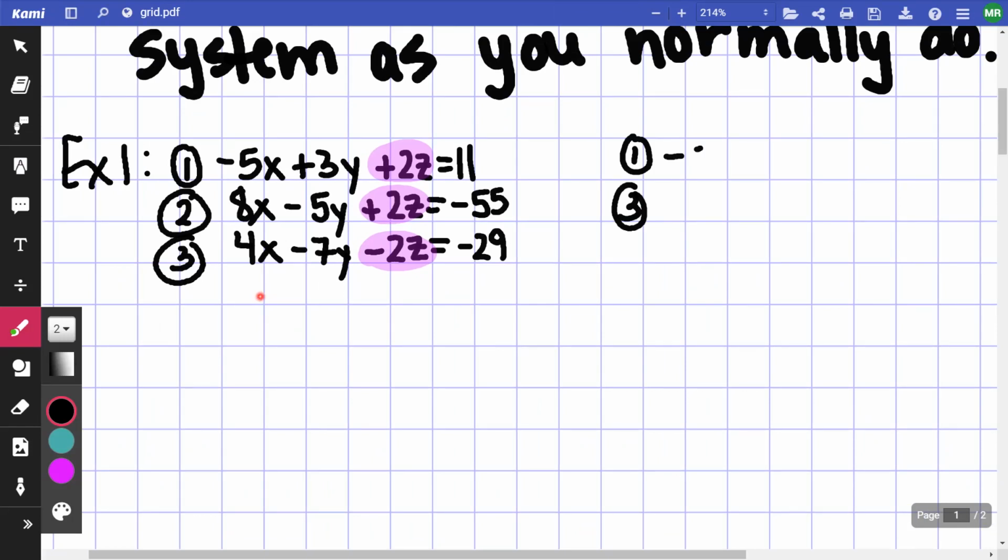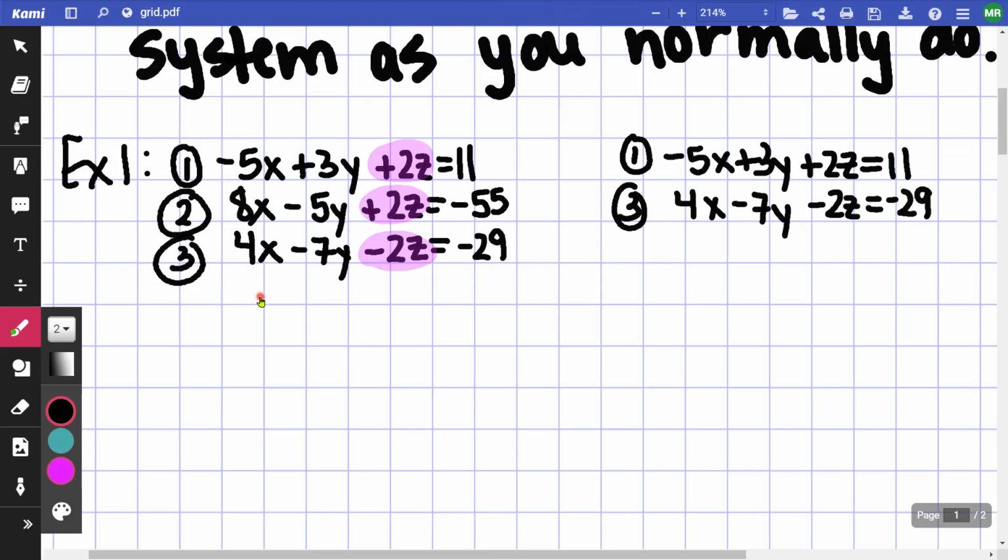I'm going to take negative 5x plus 3y plus 2z equals 11. And my third equation, 4x minus 7y minus 2z is equal to negative 29. And I'm going to add those two equations together.